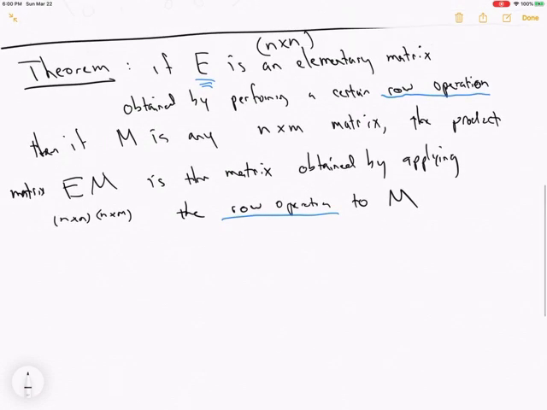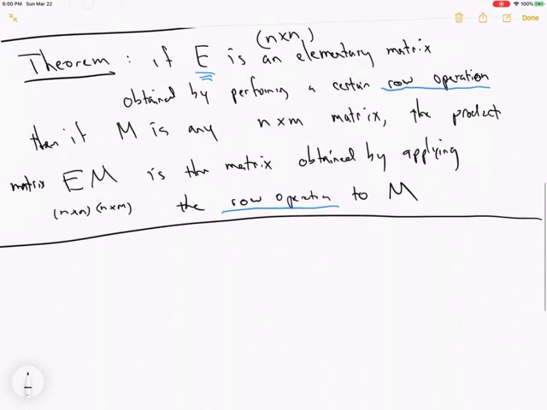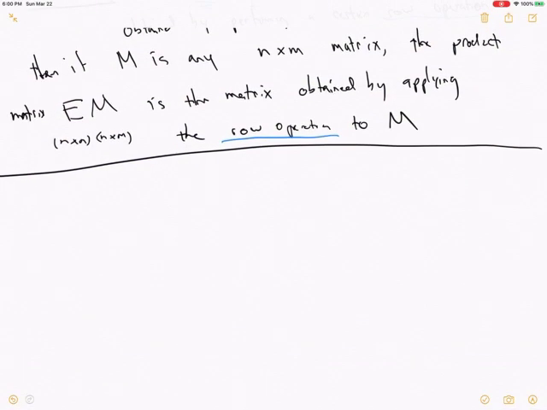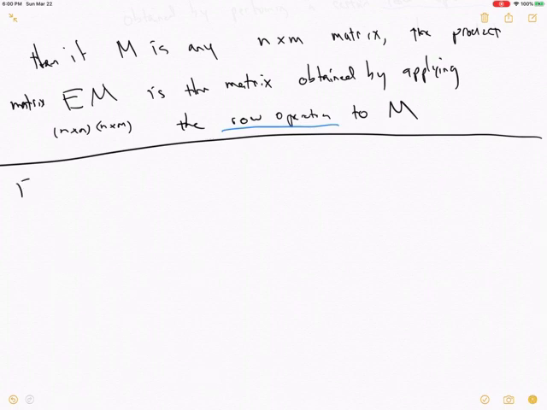So this is an important theorem. It's important for being able to calculate the inverse of a square matrix. Sorry about that. So here's an example. So say M is the matrix 1, 2, 1, 0, minus 1, 4, 2, 3, 4, and 3, 6, 0.